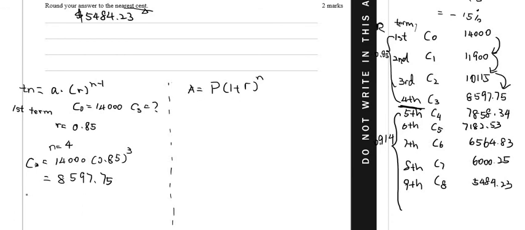Now my second stage, I'm still going to use the same equation, but my first term becomes my C3. And my R becomes 0.914. We explained why earlier. And now we want to find out what is C8. So after another 5 years, what is my C8 equal to?